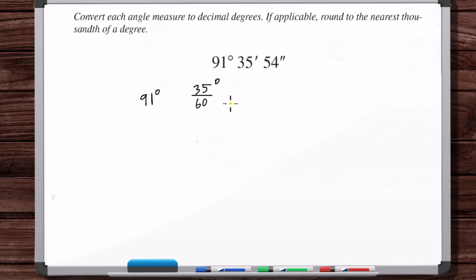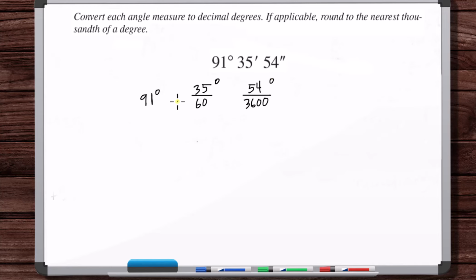It's kind of confusing, but the idea is, as far as angle measure, there's 60 seconds in a minute, and there's 60 minutes in a degree. So there's 3,600 seconds in a degree. So 54 seconds, now we've got degrees.